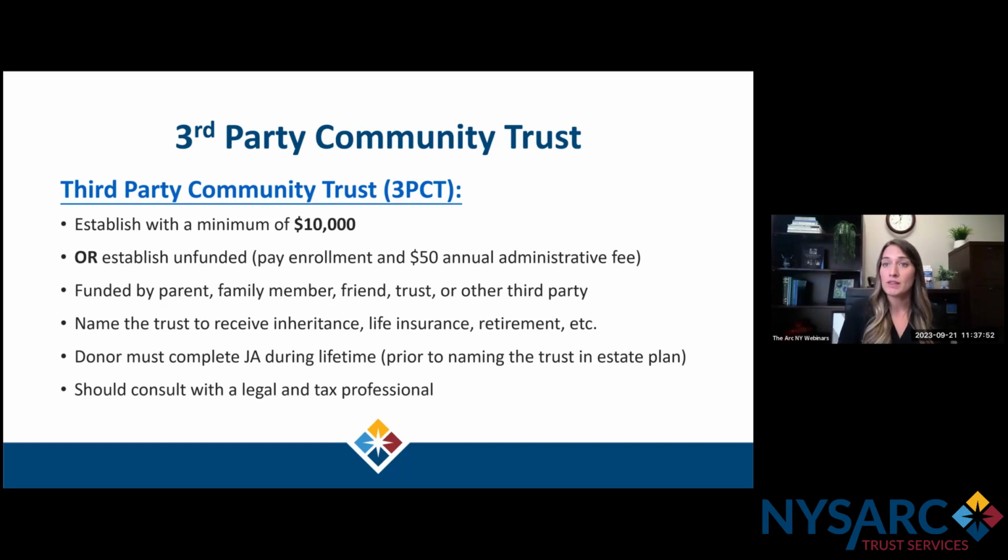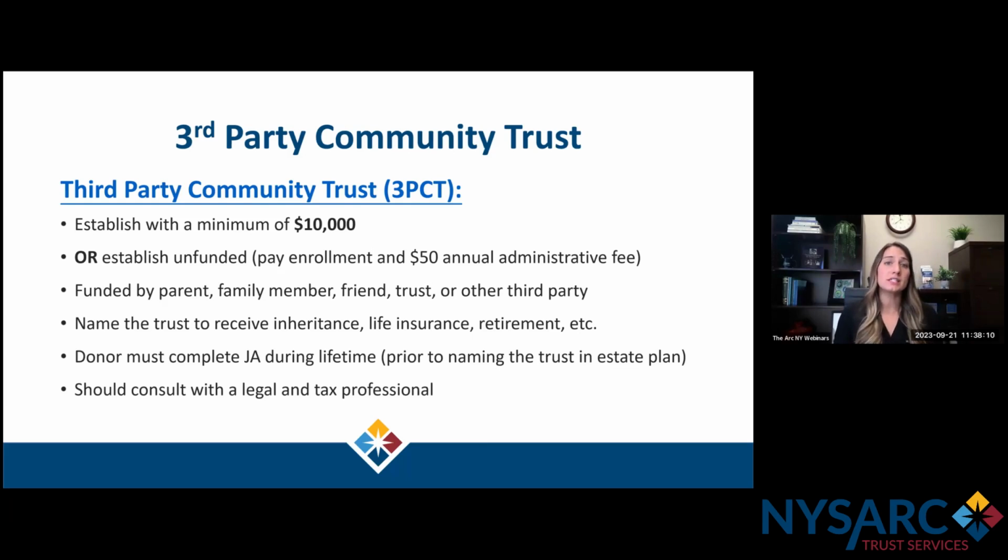Inheriting a home that then needs to be sold and they receive the proceeds from the sale of that home could kick them off benefits. So it's very important to be thinking about this when you're considering options and plans for the future needs of your loved one with a disability.